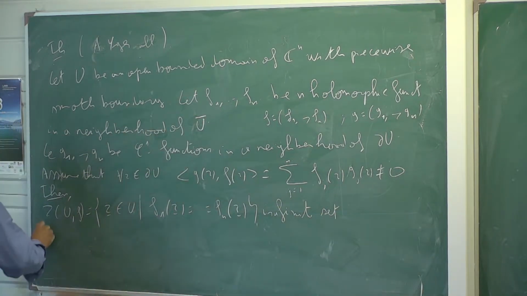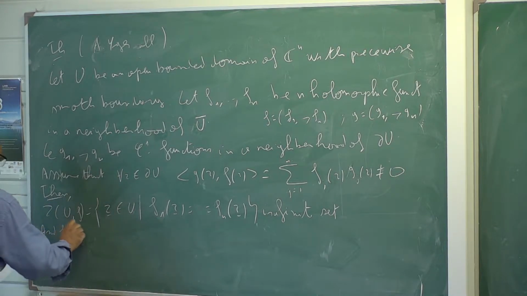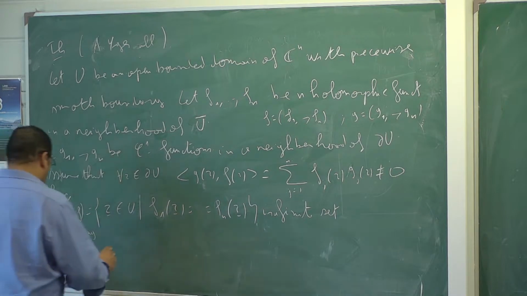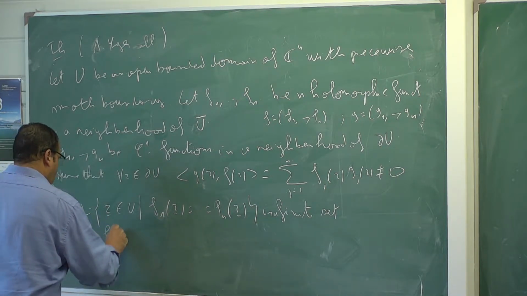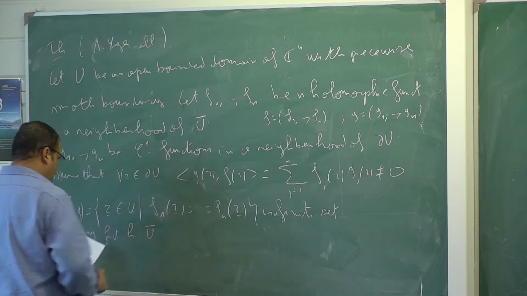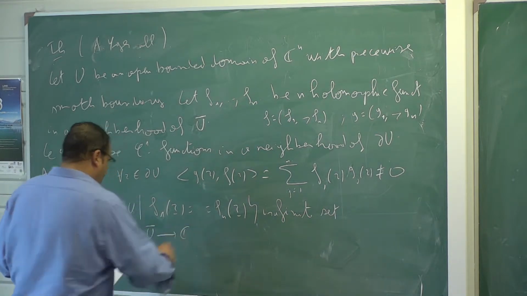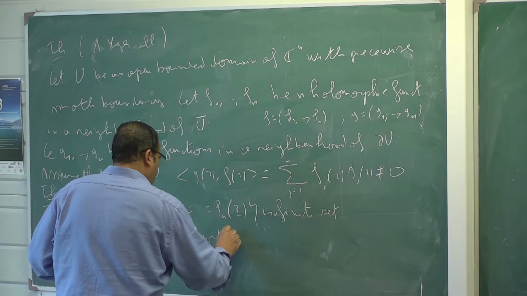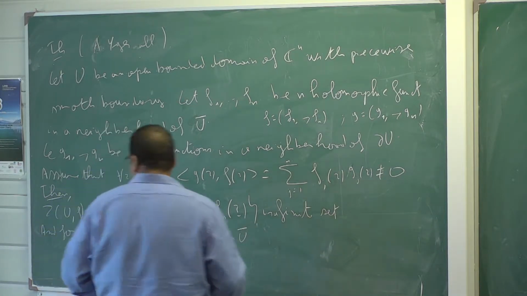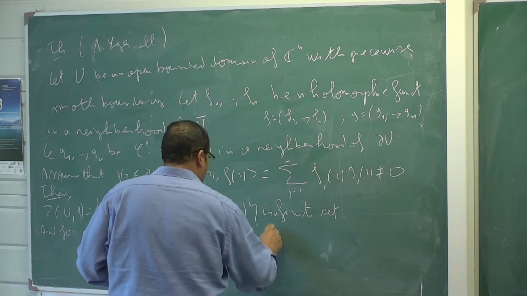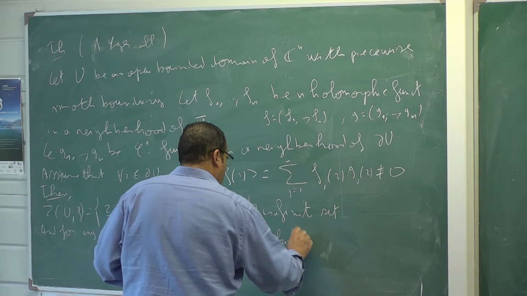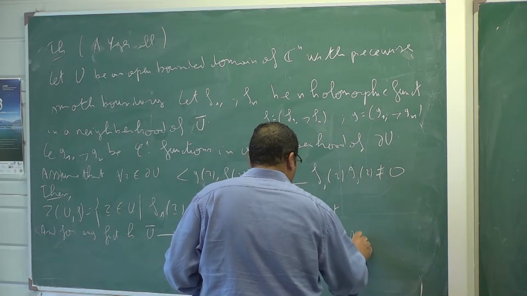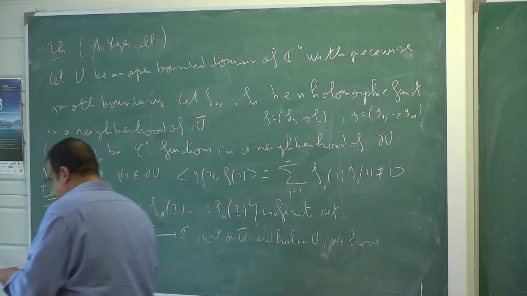And for any function h from the closure of U to C, which is continuous on the closure of U and holomorphic in U, we have the following formula.